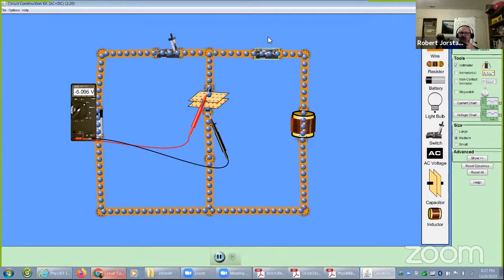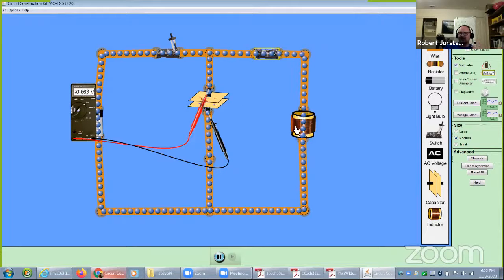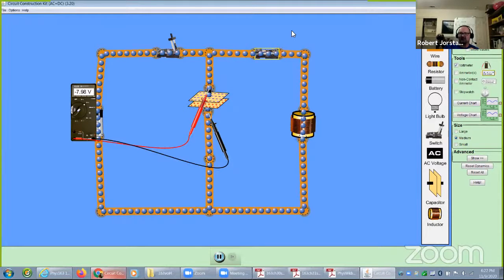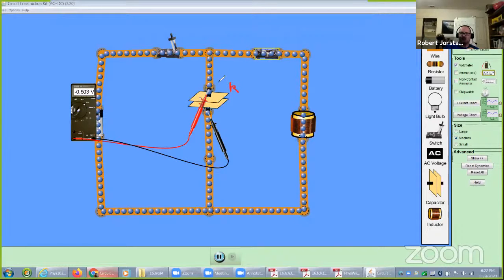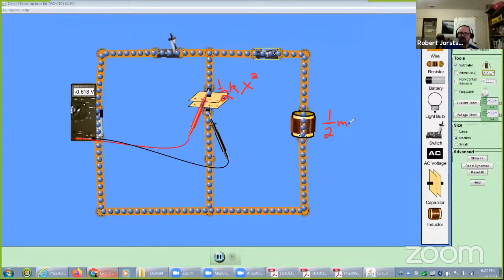You could think of this as the capacitor storing energy in a spring and the inductor being kinetic energy. So you could think of this as being 1/2 kx squared, and the energy associated with this being 1/2 mv squared.